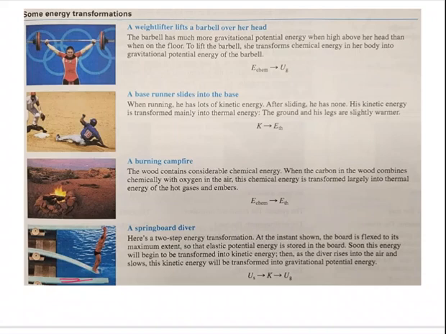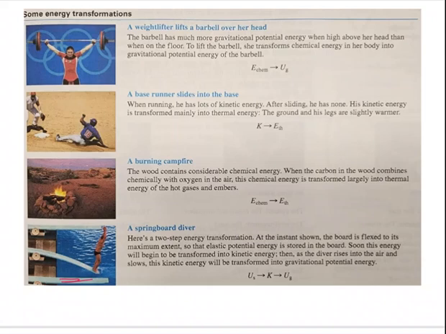So we have potential energy as a spring. Now it's flexed. So soon the energy will begin to be transformed into kinetic energy. So as the diver begins to leave the board, now the spring potential energy is going to be transformed into kinetic energy given to the diver.